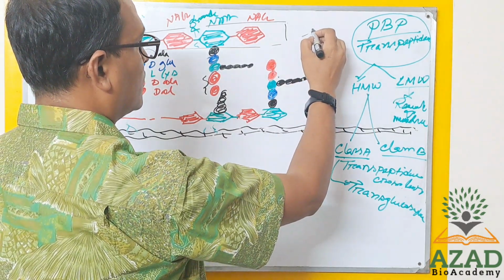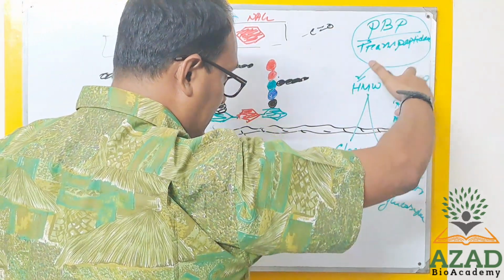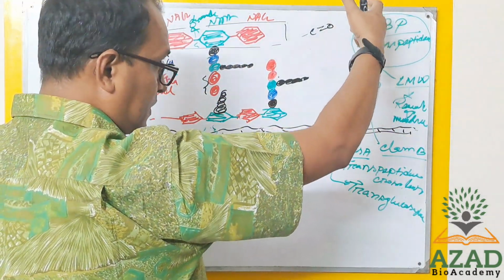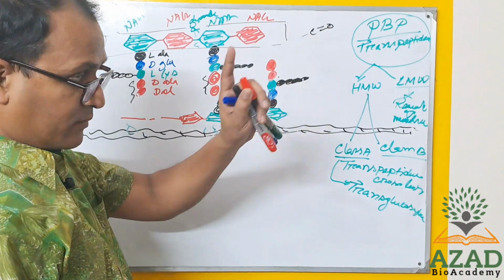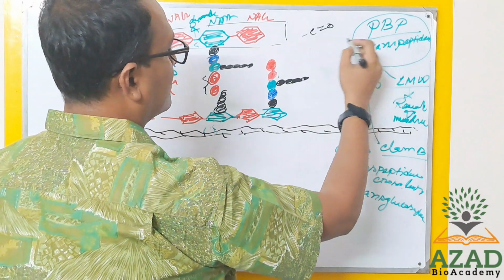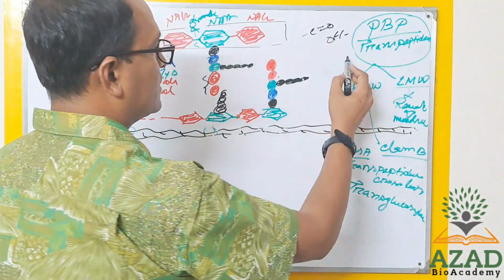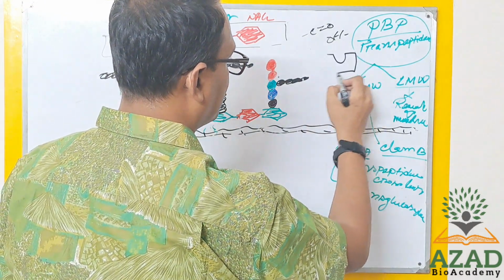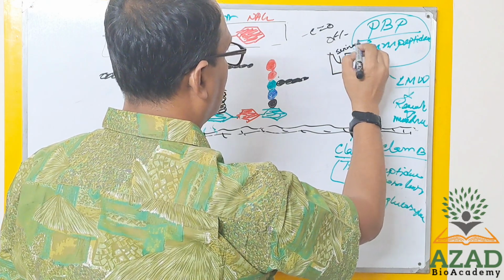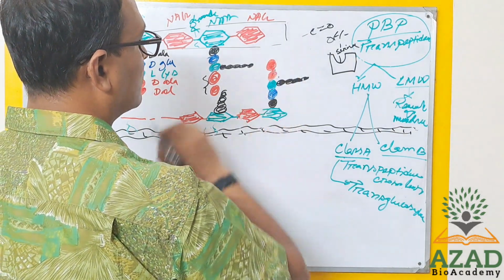And the transpeptidase enzyme in its active position carries serine, and serine has an OH group.